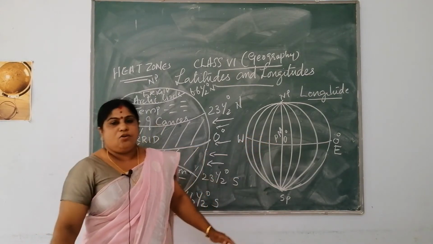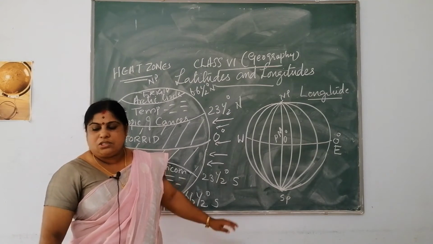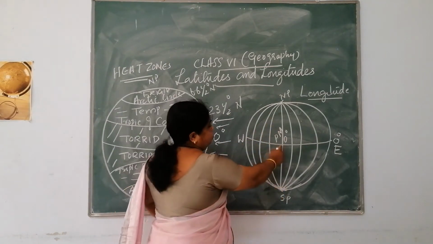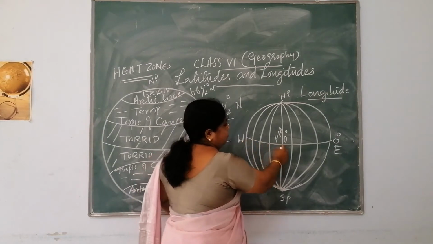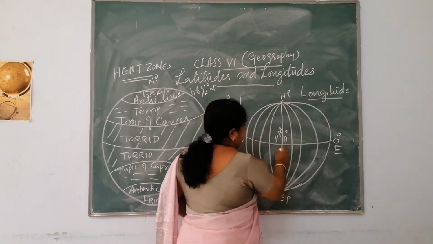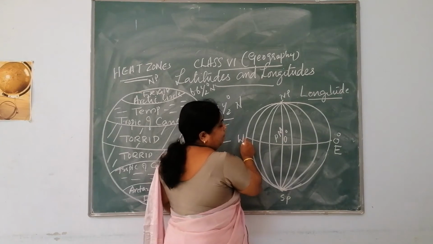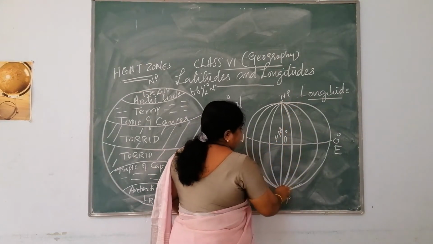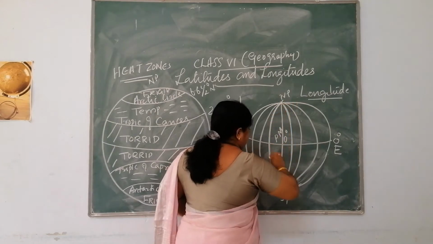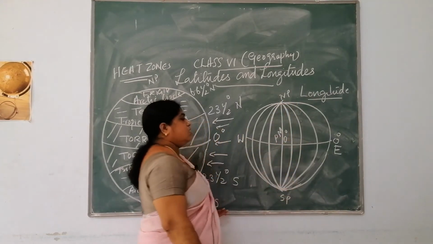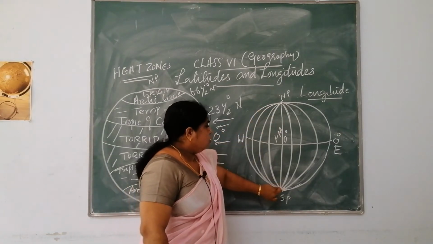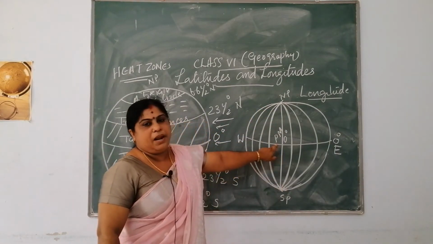What are longitudes? Longitudes are the angular distance of a place, drawn towards the west and towards the east. These lines are called longitudes, and the 0 degree longitude is called the prime meridian.